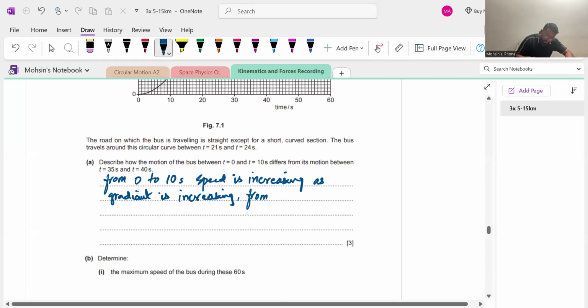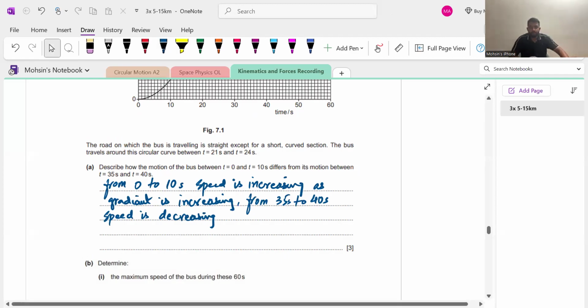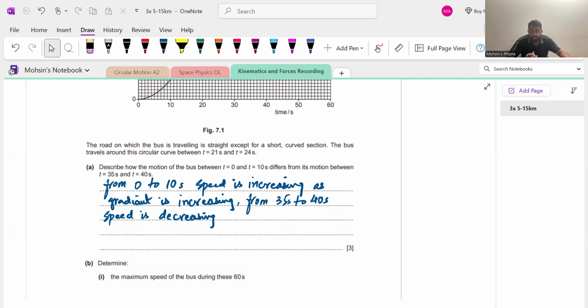From 35 to 40 second, speed is decreasing. Now this is a 3 mark question. So we have written here speed is increasing and speed is decreasing, 2 marks. We have secured 2 marks.